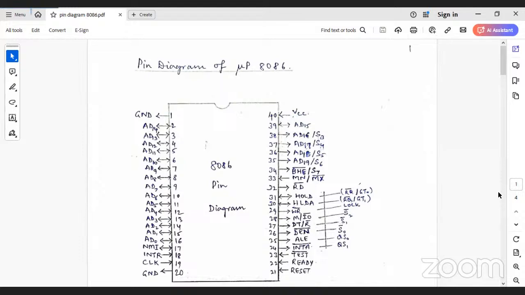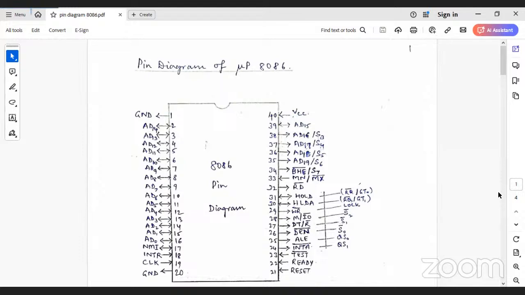So see there, you have to write first about pin number 33. Minimum and maximum mode is operated depending upon the status of pin number 33, which will determine the mode of operation. Now, when it is logic 1, minimum mode is operative. By minimum mode, we mean that only one processor is functioning, and in the maximum mode, you can have a number of co-processors, and the signals associated with the maximum mode are QS0, QS1, S0, S1, S2.